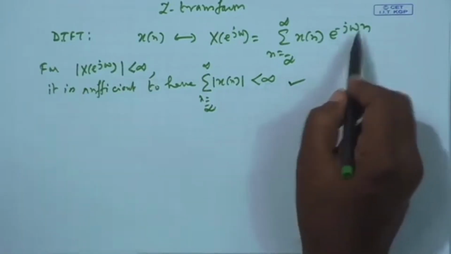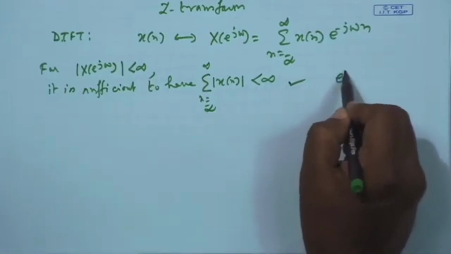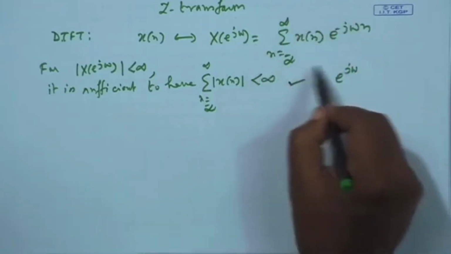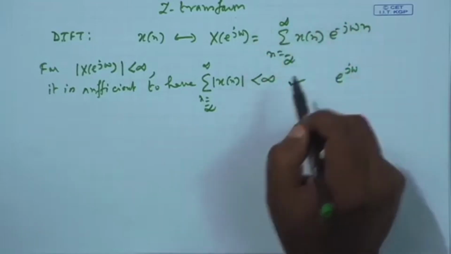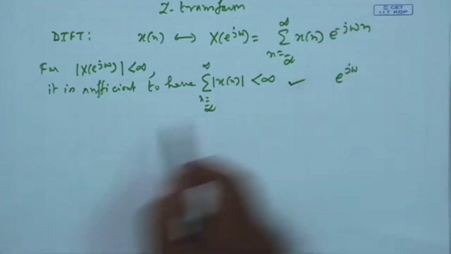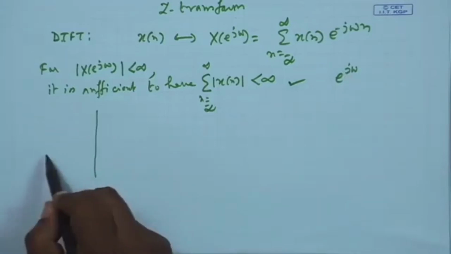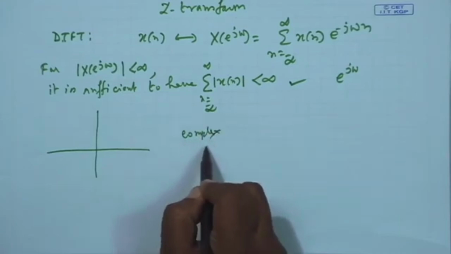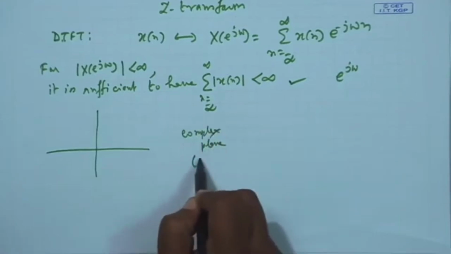Now, here you see, consider the term e to the power j omega, right. So, this sum, I can generalize. Consider the complex plane, we call it Z plane.